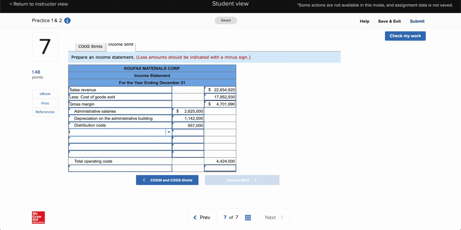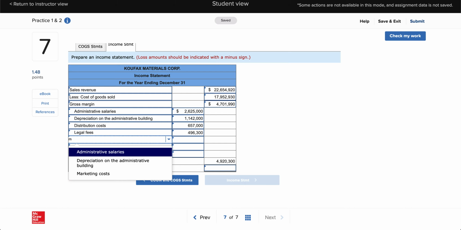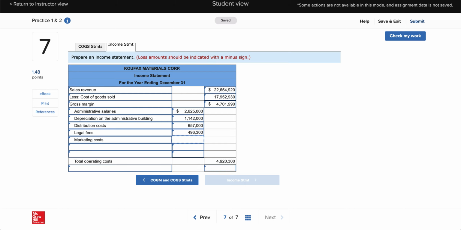Not indirect labor. How about legal fees? Legal fees were $496,300. Marketing cost, $749,250. And I believe that is it.